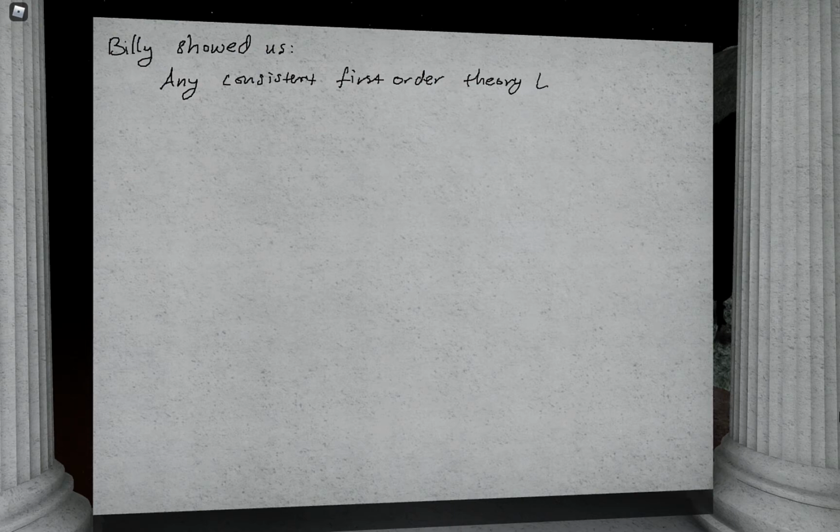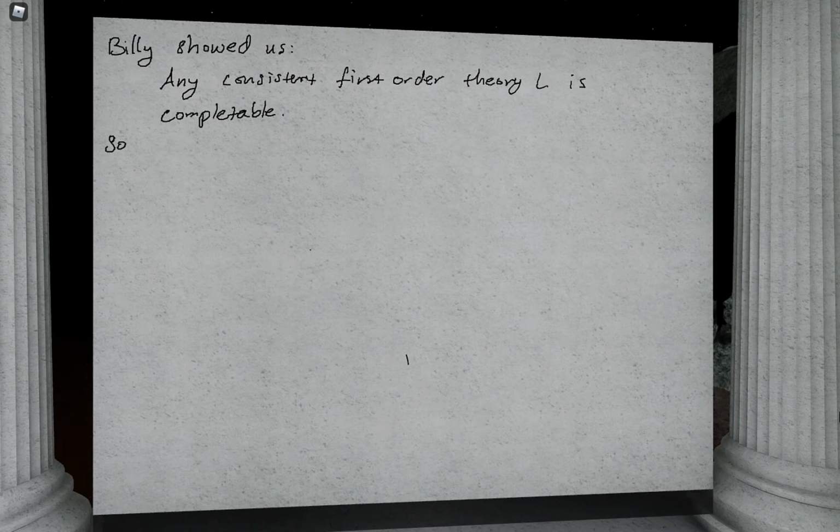Consistent first order theory L is completable. So more precisely, there exists a first order theory L star for which every single axiom inside L is provable inside L star, and L star is consistent and complete, right?